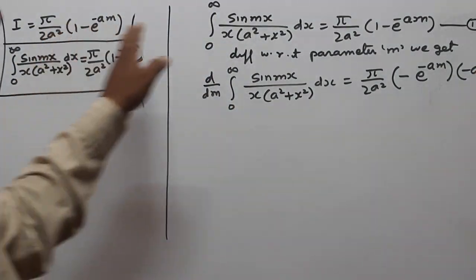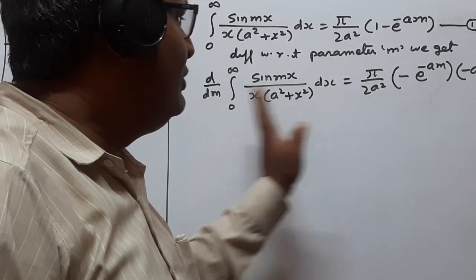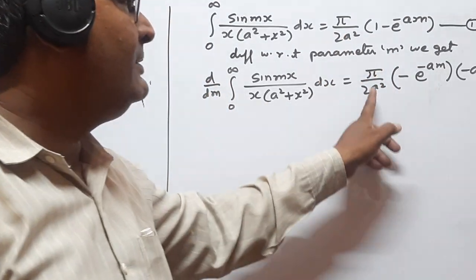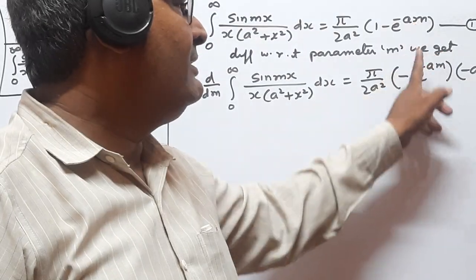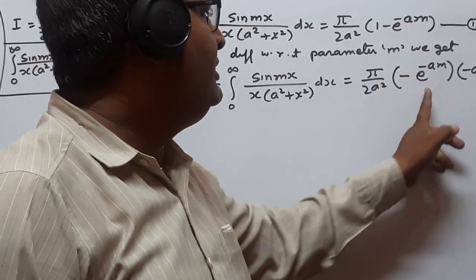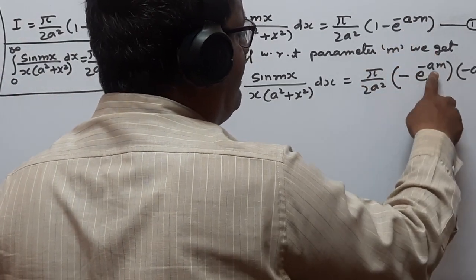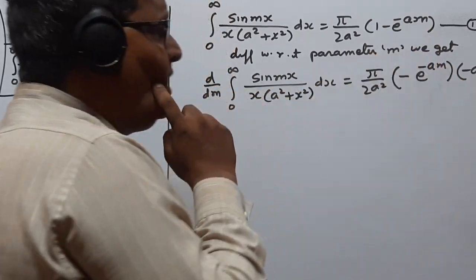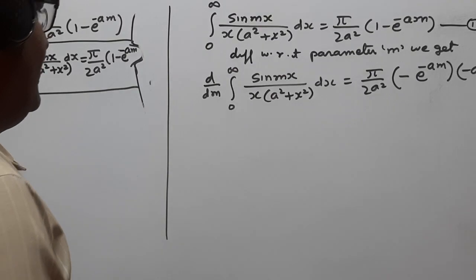As we differentiate this given integral with respect to the parameter m on both sides, on the right hand side pi upon 2a square is constant, differentiation of 1 is 0, and differentiation of e to the power minus am is e to the power minus am, and when you differentiate minus am we get minus a, and differentiation of m with respect to m is 1.